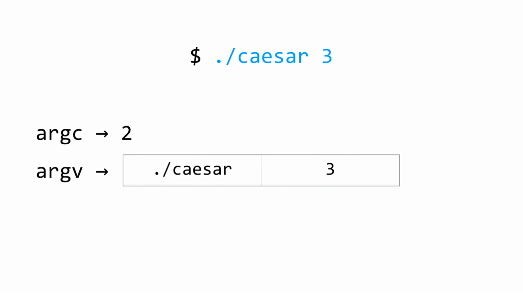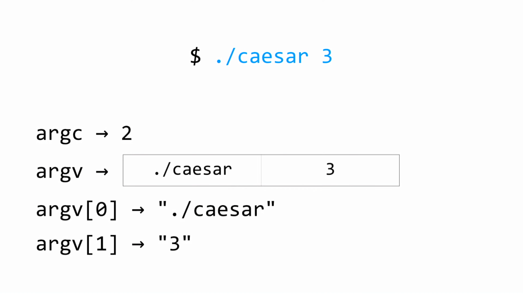And argv is going to be the actual array of strings representing those arguments. And recall that when you have an array, you can access an individual element of that array using square bracket notation. So argv[0] is going to be the first string in the argv array, which in this case is ./caesar, and argv[1] is going to be the second thing in that argv array, which in this case is the string 3. So that's how we might access the key.